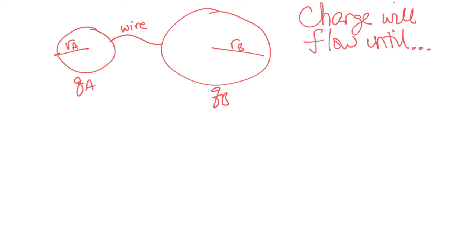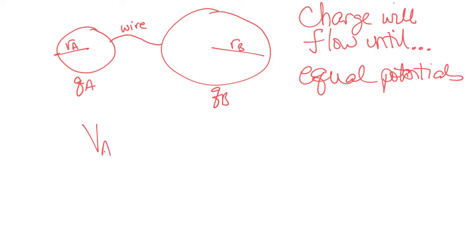What's going to cause an electric field? A difference in potential. So when will these stop flowing? When they have equal potentials. So that means that VA equals VB.